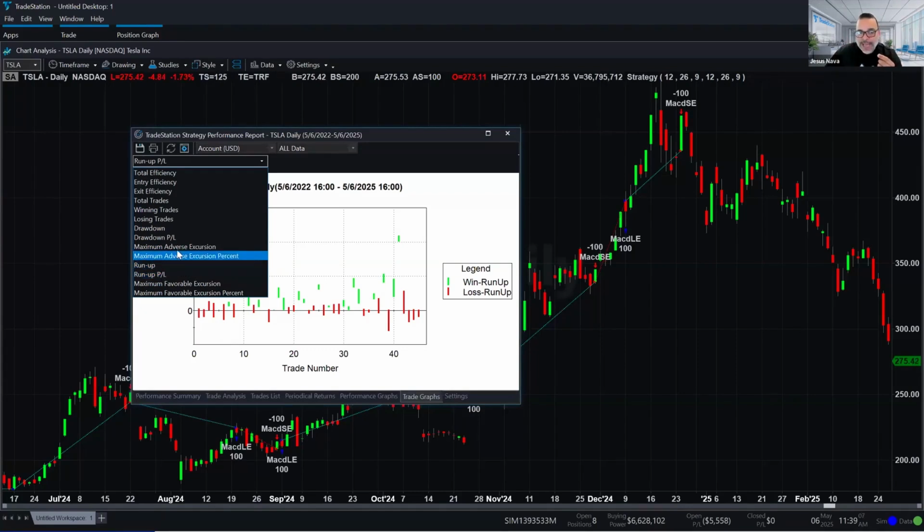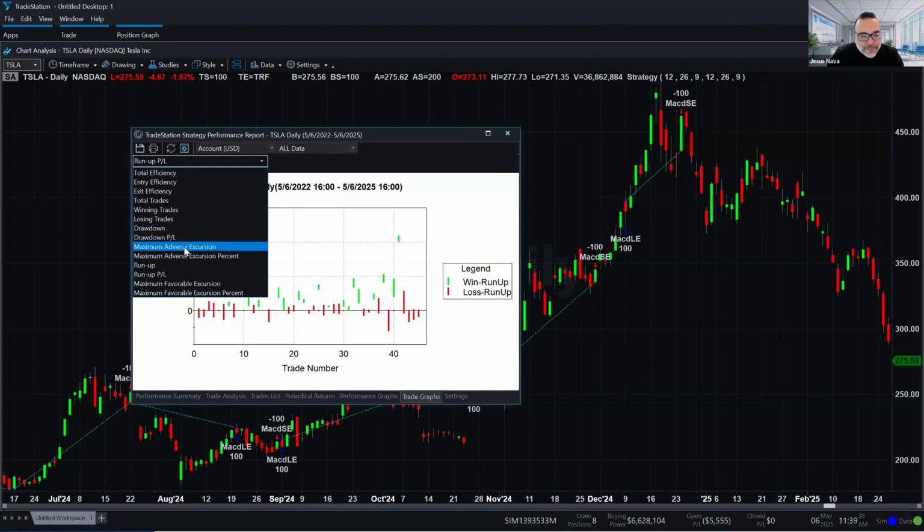The same happens with the maximum adverse excursion and the maximum adverse excursion percent, because they are very similar graphs, just expressed a little bit differently. The same as we saw earlier, total efficiency is broken down into entry efficiency and exit efficiency, and total trades is broken down into winning trades and losing trades. Even though it looks like there are a lot of graphs here, they're just variations of the same graphs.